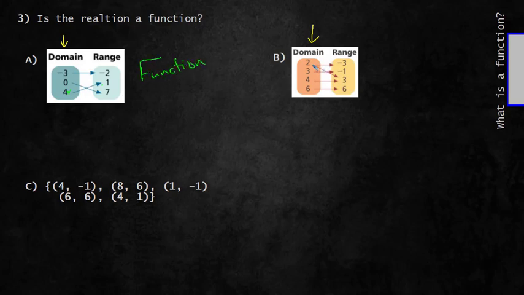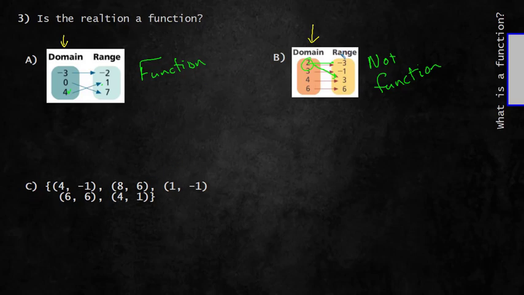It passes that test. But let's look at this next one. 2 is going both to the negative 3 and to the positive 3. So it is not a function because the 2 is being used twice.